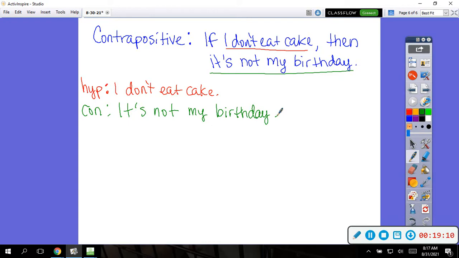If we assume the first thing is true, that I'll definitely eat cake on my birthday. So the key to this one is it has to have the same truth value as the original conditional. Remember how I said the converse and inverse had to match? Well, this one has to match the original.